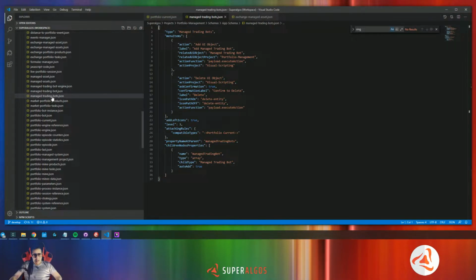A trading engine is an object, a concept from the algorithmic trading project.